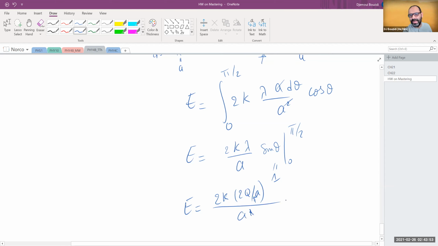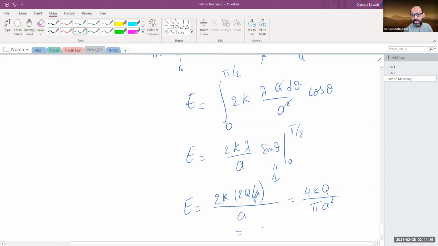I'm sorry, I already anticipated the answer in here, because it has to have a distance squared in the denominator. So this will be equal to 2 times 2, that's 4k, Q over pi a squared.